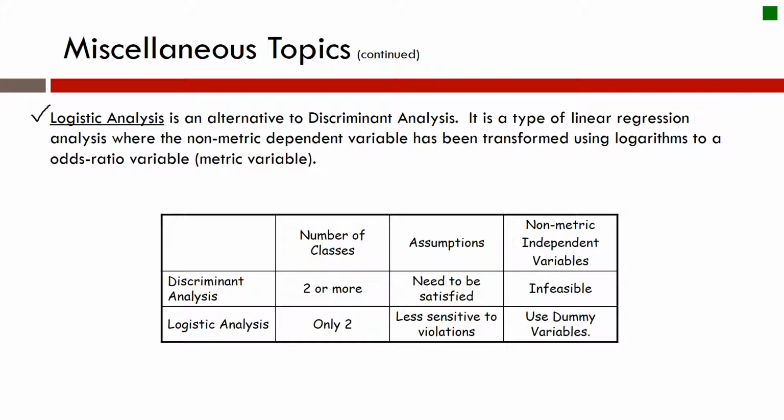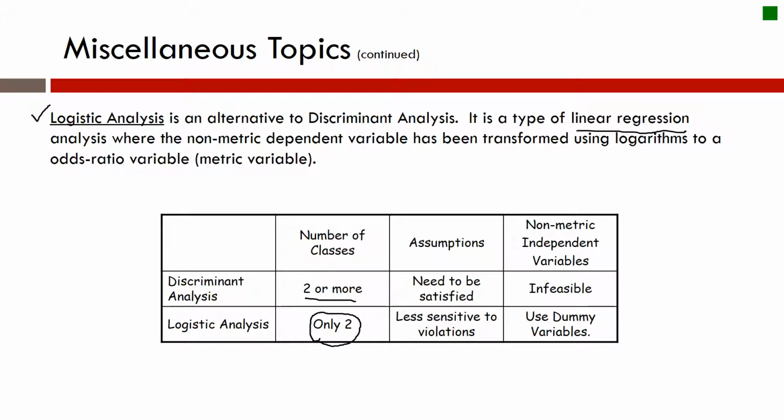Okay, so logit models are going to be what we move into next. Logit models are a type of regression, as opposed to discriminant analysis, which is factor-based. But we only use two levels instead of two or more as dependent variables.